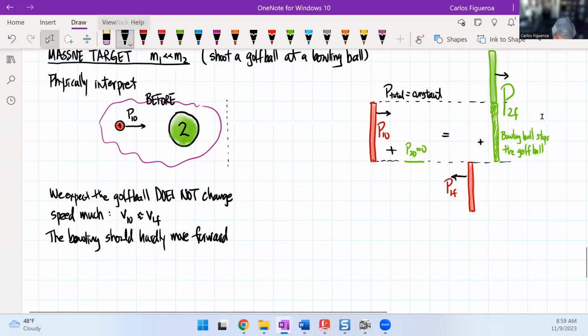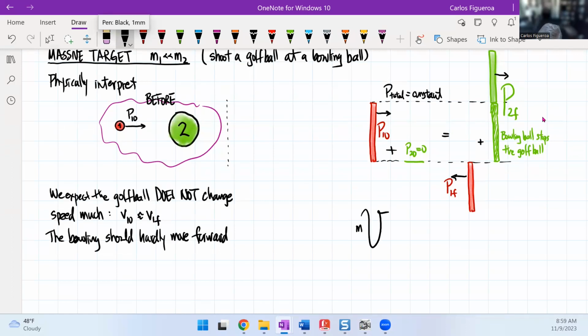So what we're seeing here is that the reason why the momentum of the bowling ball is so huge is that we can have momentum large two ways. I could have a momentum that has a high speed versus a momentum with a big mass. It turns out that the bowling ball has a big mass, so it doesn't have to have a high velocity in order to have a big momentum. So this is the bowling ball after the collision. It has a big mass, but it has a small speed.